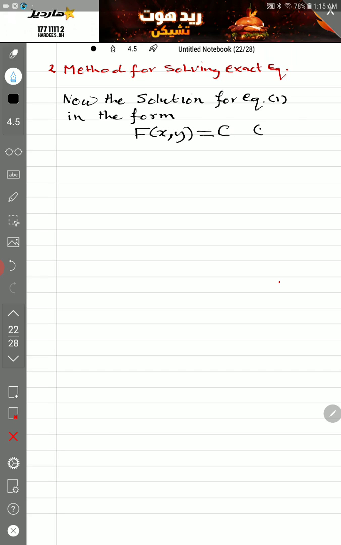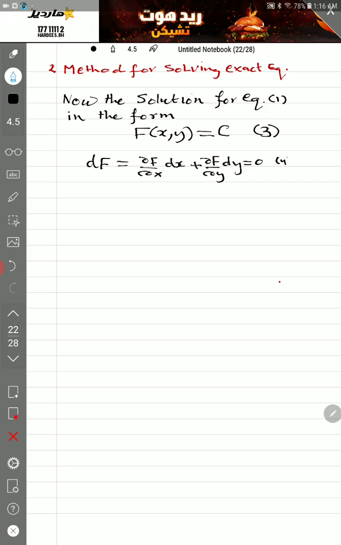Let's put this as equation 3. This is the implicit form of the solution, and we need to find f. This is the most important. To do that, if this is the solution, then take df equal partial f by partial x dx plus partial f by partial y dy equal to 0.